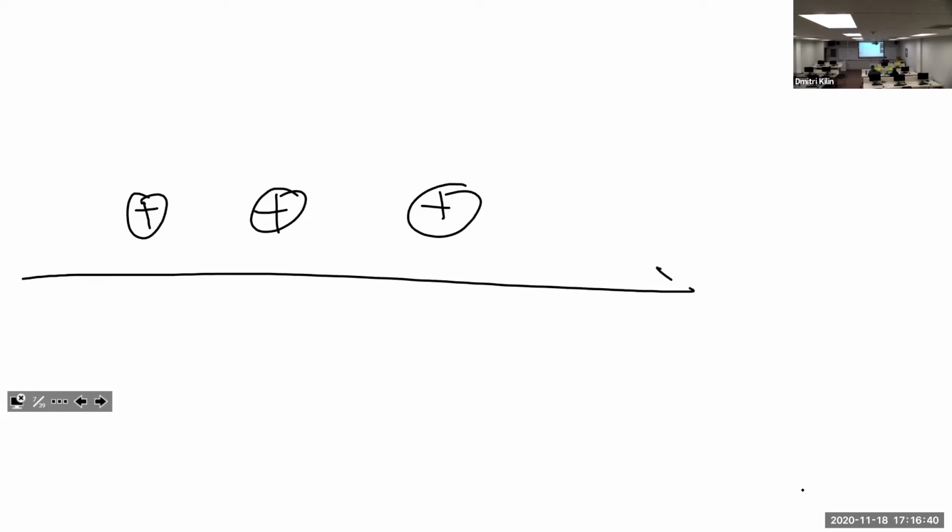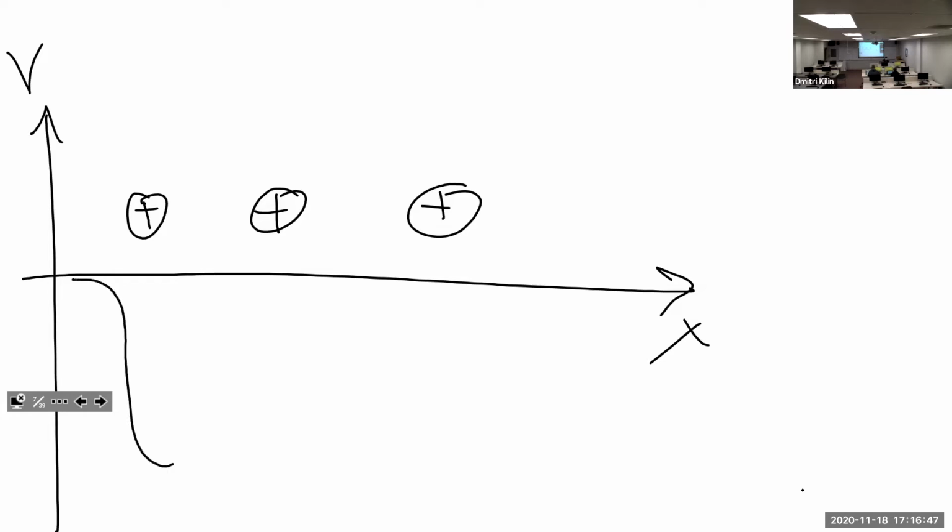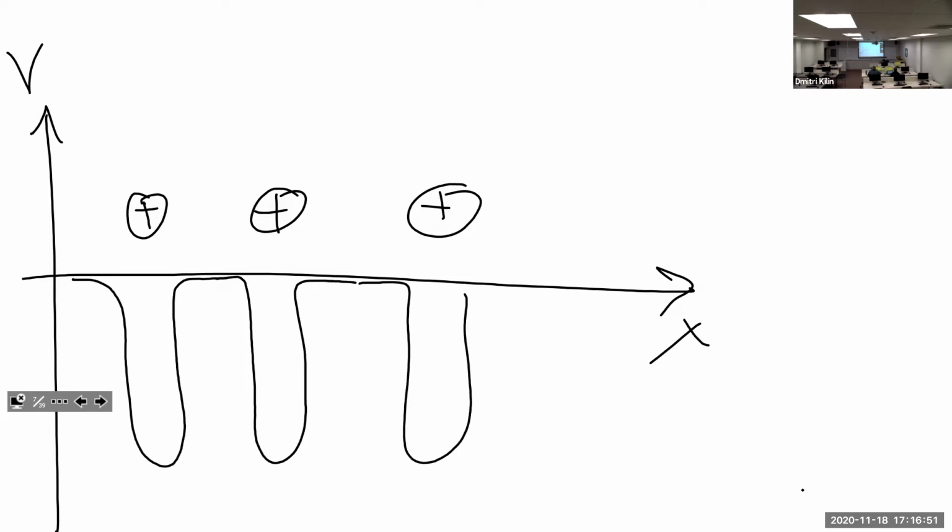So if we have positive ions at position X, with potential energy, then each of the ions will attract the electron this way. Then I want to modify the X equilibrium for each atom, which will be different, and add the potentials together.